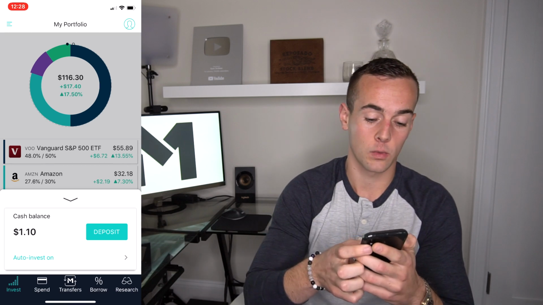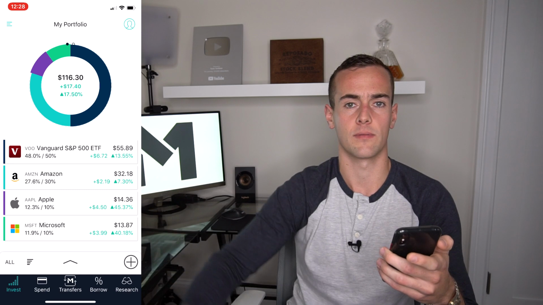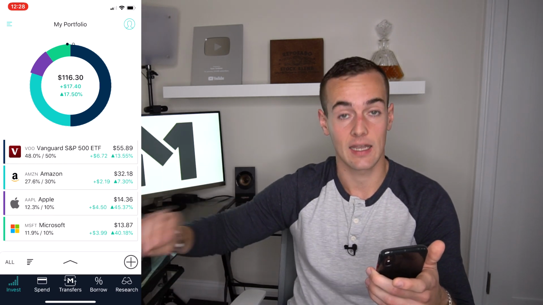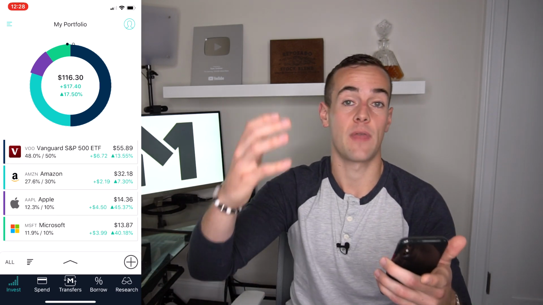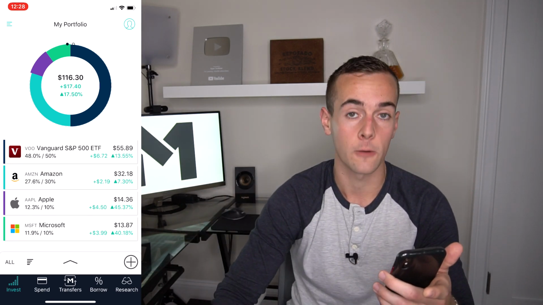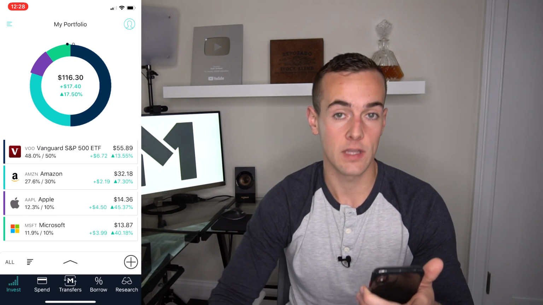So that is how that auto invest feature works, and it's a little bit different than a stock level dividend reinvestment where the exact dividend goes back into the exact stock. Instead, all of your dividends accumulate together, and once that balance exceeds $10, it's invested across your entire portfolio. That is why I call it a portfolio level dividend reinvestment.